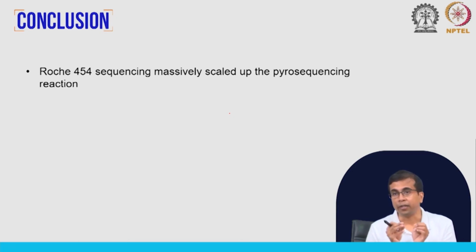Once we have the beads in the wells, we can start the sequencing reaction, which, as we have just discussed, depends on the pyrosequencing principle. Pyrosequencing had been used before for DNA sequencing, but it was never scaled up at such a level.